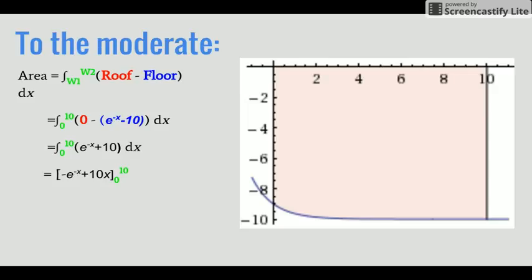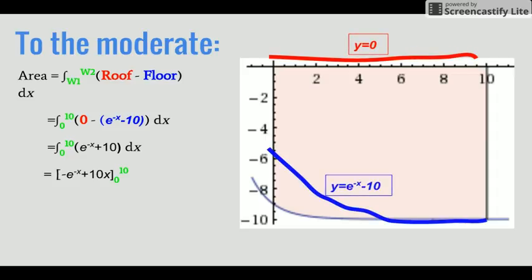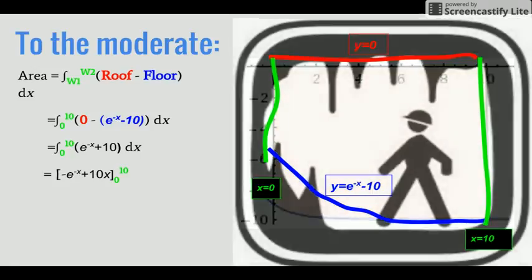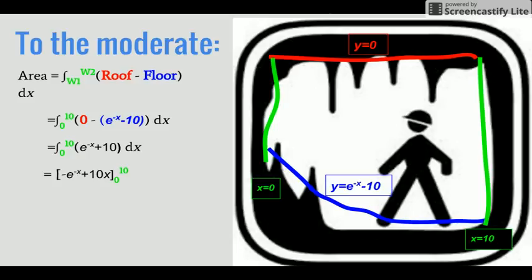A difficult question like this will involve a roof, which in this case is the axis, the curve, which is below the axis, but even so, you always have the two walls, which are your x values, and this as well corresponds to a shelter, just like an underground cavern.